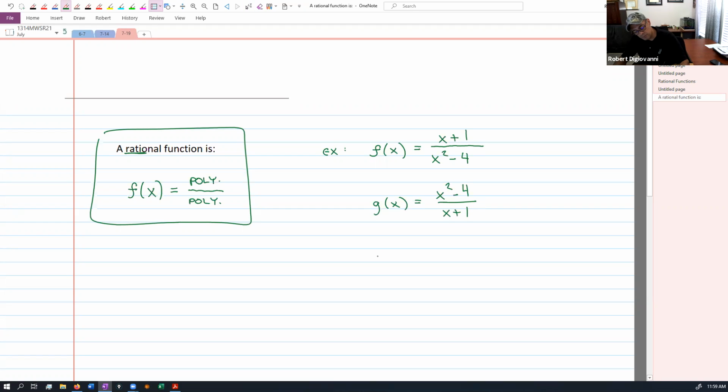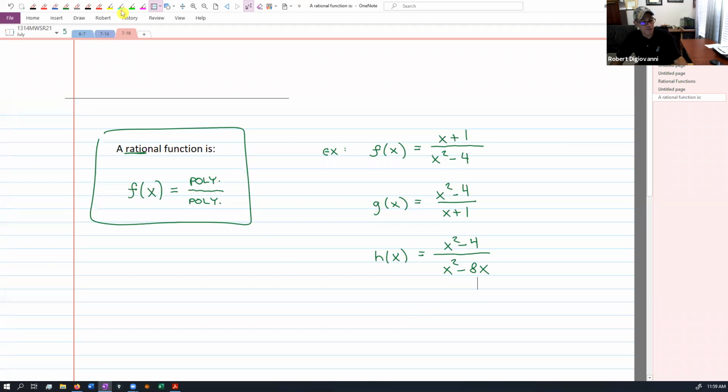And I'll give you one more. X squared minus 4 over x squared minus 8x. These are all examples of rational functions.